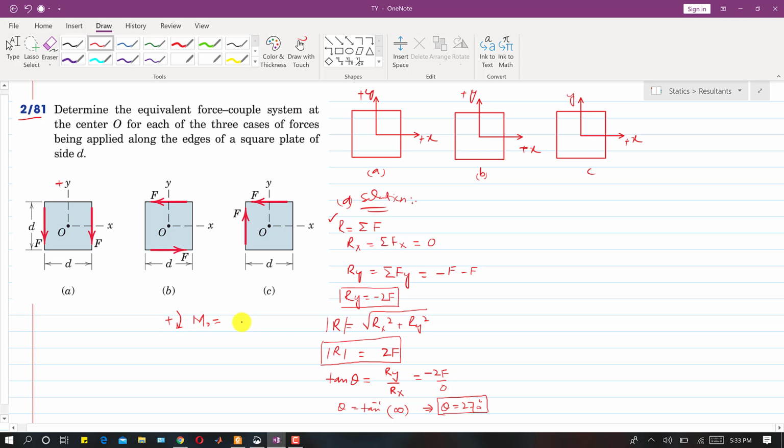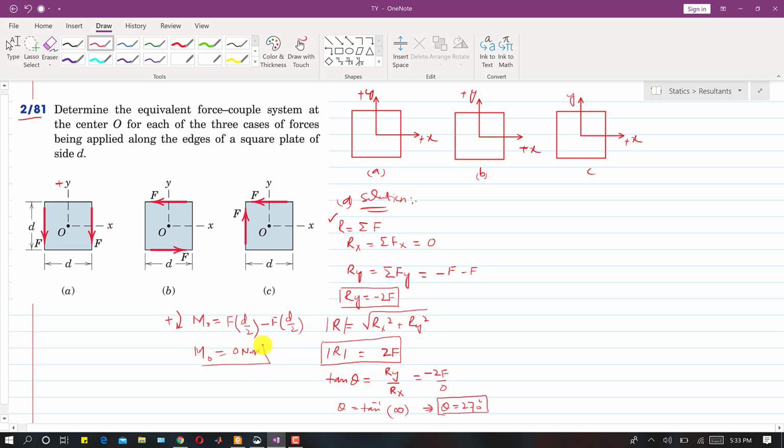So I will write F into d by 2, the perpendicular distance of this F from center O. And I will write minus F into d by 2, as this one is producing counterclockwise moment. Both of these cancel out and we get moment equal to 0 Newton meters.